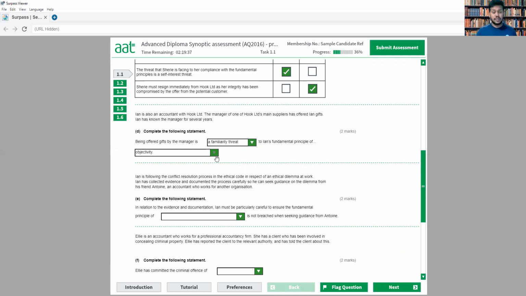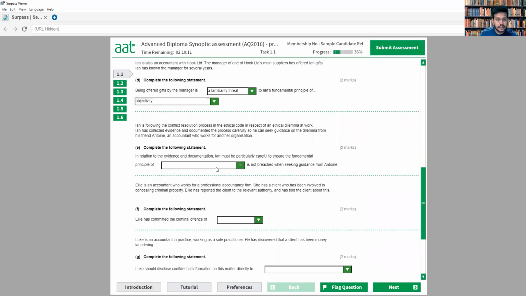So we have five threats: self-interest, self-review, familiarity, advocacy, and intimidation. Basically here, if I get too close to my client, a familiarity threat could arise, because maybe I'll be his friend and later on I'll not be independent in my decision because I'll feel he's my friend.